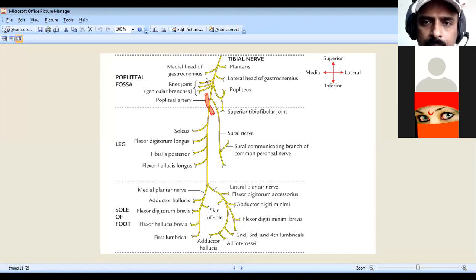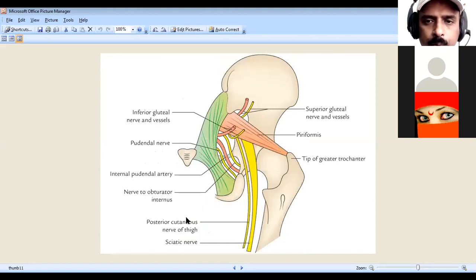Tibial nerve gives a vascular branch to the popliteal artery, then muscular branches to the medial head of gastrocnemius, plantaris, and lateral head of gastrocnemius. In the leg, we have the soleus, flexor digitorum longus, tibialis posterior, flexor hallucis longus, and the sural nerve. So that is in the leg. In the sole, the majority of the sole muscles are supplied by the tibial nerve. This is very important.